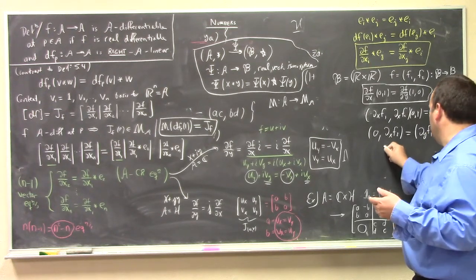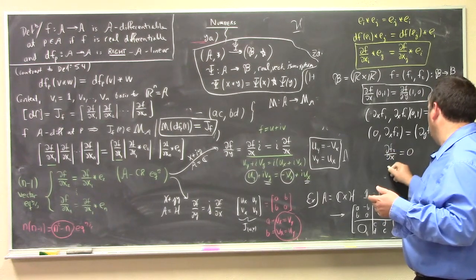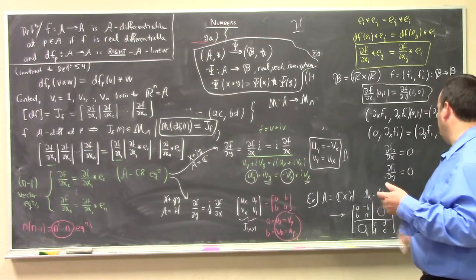So we get two conditions. We get partial f2 partial x equal to 0, and we get partial f1 partial y equal to 0.